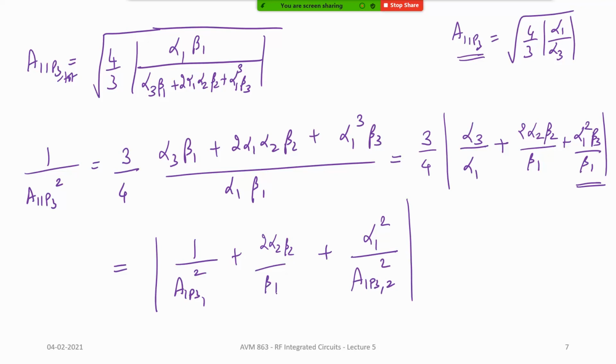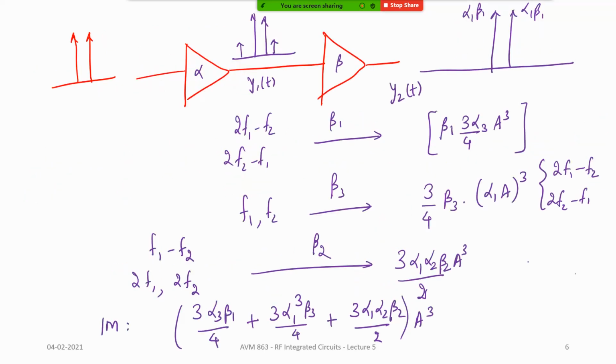Right? So now, if you look at these three terms, let me just go back to this thing. These terms are generated due to alpha 2. Alpha 2 is giving these terms, so the amplitude should have come down. You are talking about mixing between smaller amplitude terms, and therefore through beta 2, when they come, it will be even smaller.